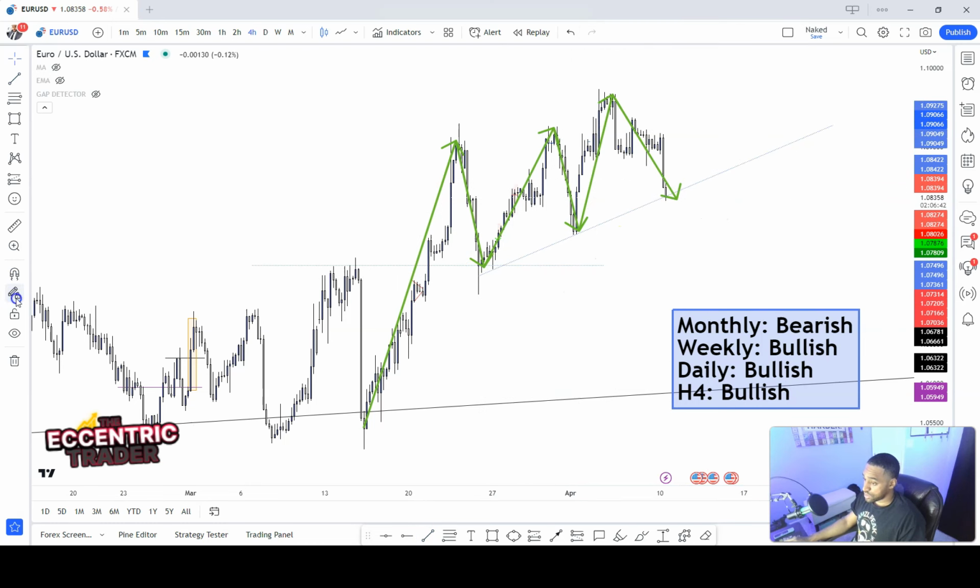Now, what we're looking for is price to test this trend line right here. Let me make it bigger. So 1, 2, we're looking for price to test this trend line right here, because everything in the middle could have just been fluff, noise.